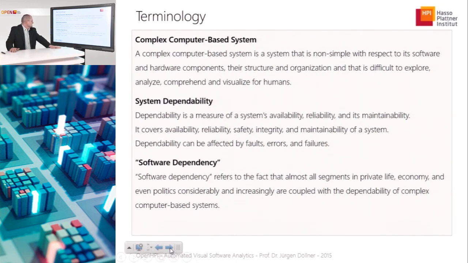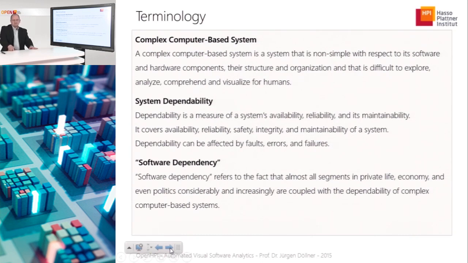It covers all these aspects such as availability, reliability, safety, integrity, and maintainability of a system. And it is mostly affected by faults, errors, and failures, and other forms of degradation of the software quality. There's also a more unsharp term, software dependency, which basically relates to the fact that almost all segments in private life, economy, and even politics are considerably and increasingly coupled with the dependability of complex computer-based systems.